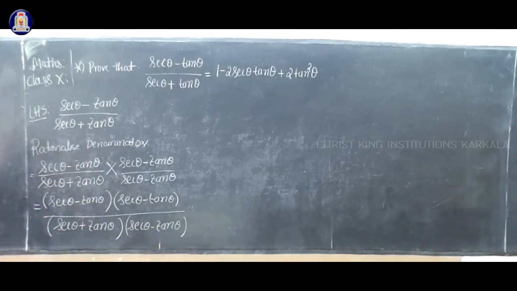Now, how to simplify? If it is the rationalizing method, what is the next step?